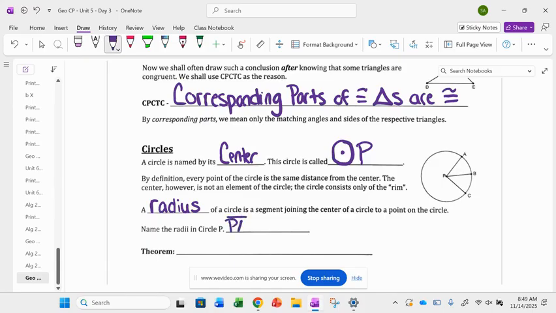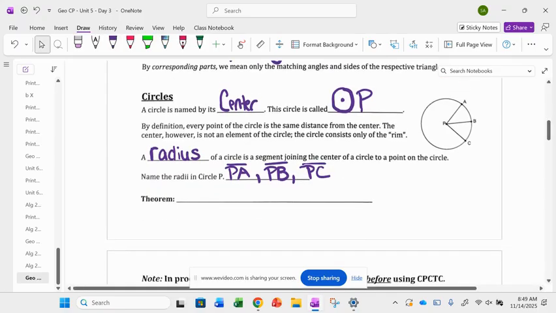Can somebody tell me another radius that's drawn? Jack? PB. PB, perfect. Can somebody tell me the third radius that's drawn? Sebastian? PC, perfect. So how do we identify a radius? A radius has to start at the center point and just go to the rim of the circle. That's it. That's how we identify it.